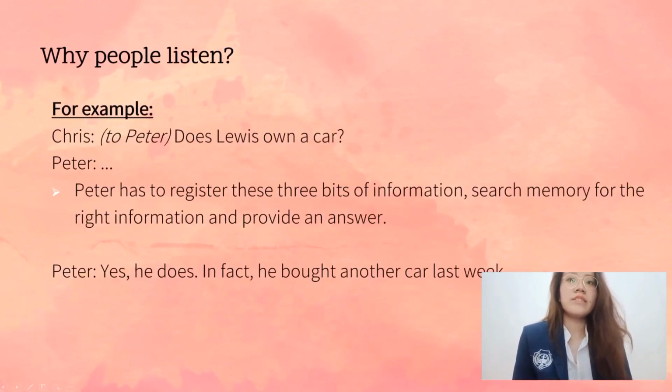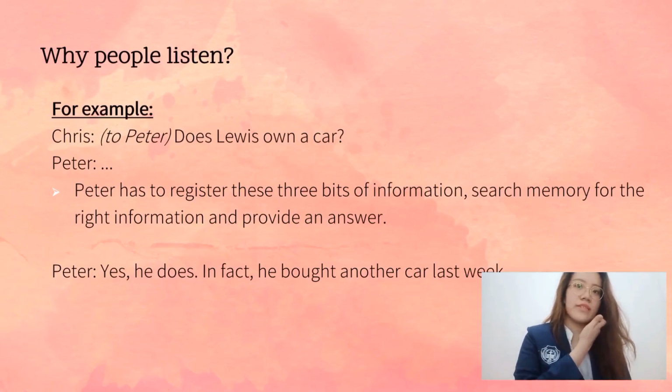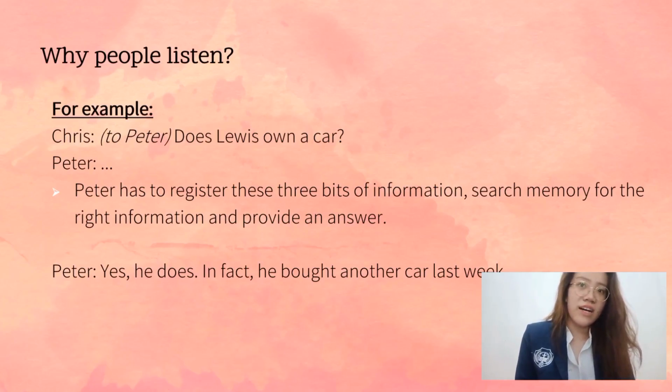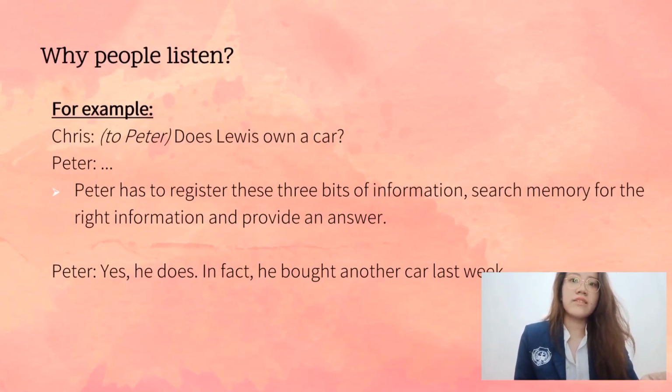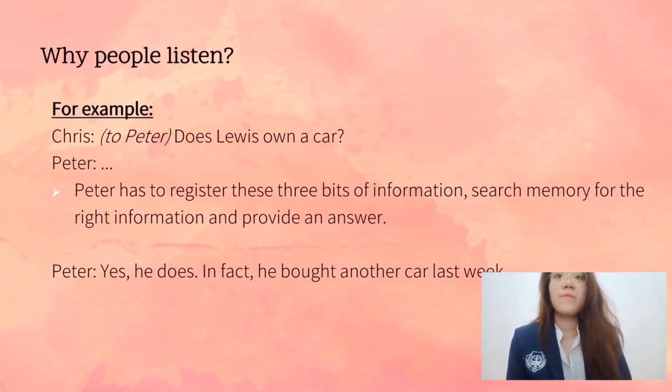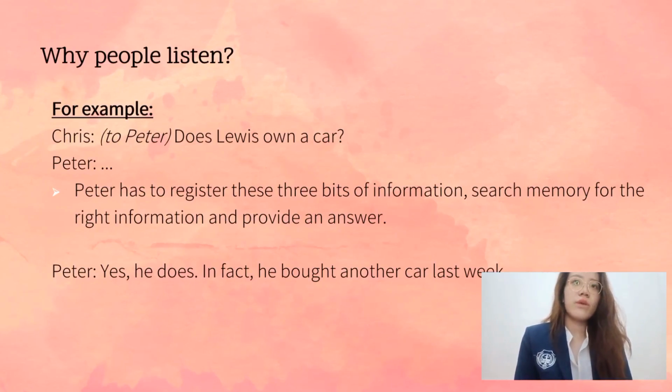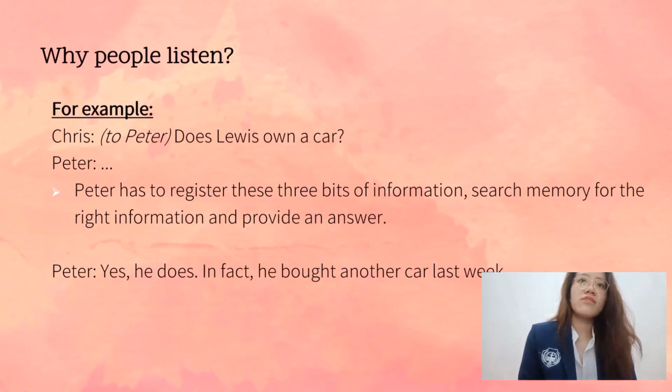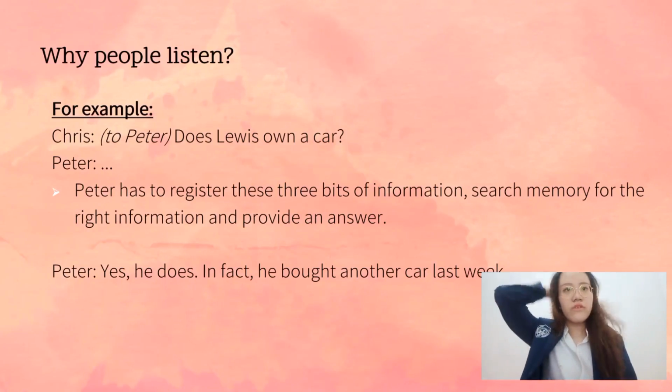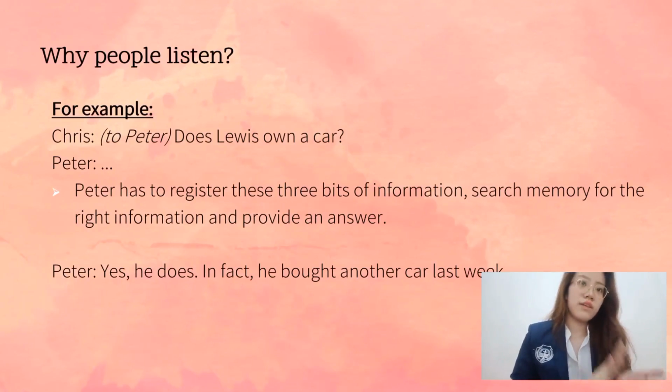For example, there are two men talking to each other. The first man is Chris and the second one is Peter. So Chris asks Peter, does Lewis own a car? Before Peter can answer Chris' question, Peter has to register these three bits of information and search memory for the right information.